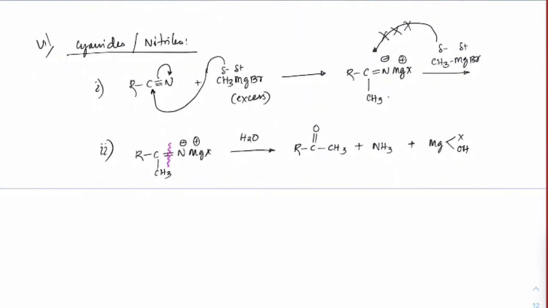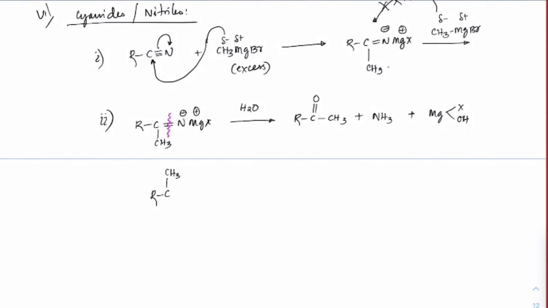If you see the hydrolysis step, I'll give you a brief mechanism because you will see this mechanism again in amides and everywhere else. So C double bond N minus MgX plus.